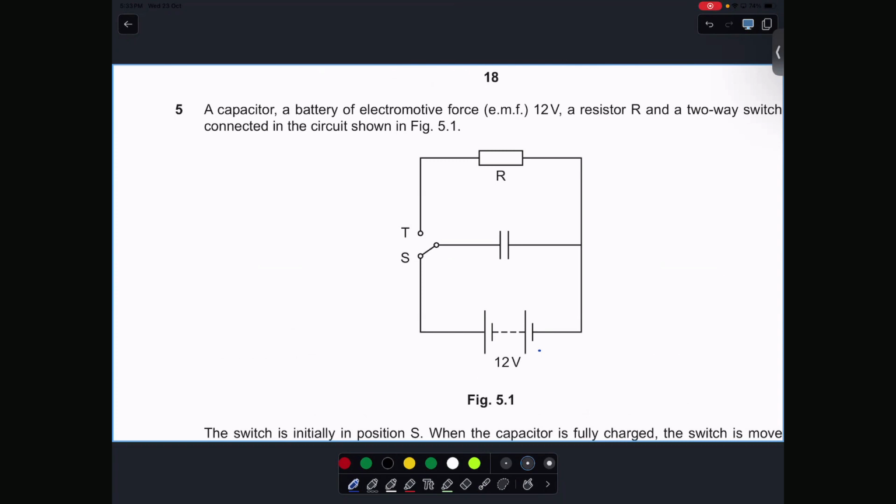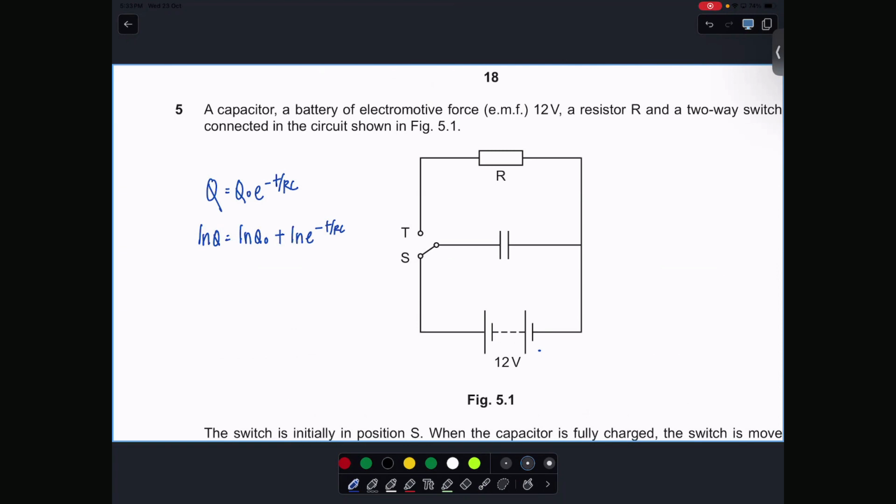If my discharge equation is Q equals Q naught e to the power minus T by RC, and the outcome is a curve, how do I convert this to a straight line? I will take the natural logarithm on both sides. So ln Q is equal to ln Q naught plus ln e to the power minus T by RC, because when it's multiplied in terms of log, it gets added.